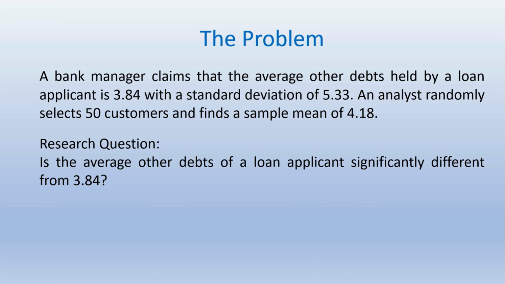So the research question here is: is the average other debts of a loan applicant significantly different from 3.84? The null hypothesis H naught can be stated as mu equal to 3.84 and the alternative hypothesis as mu not equal to 3.84.